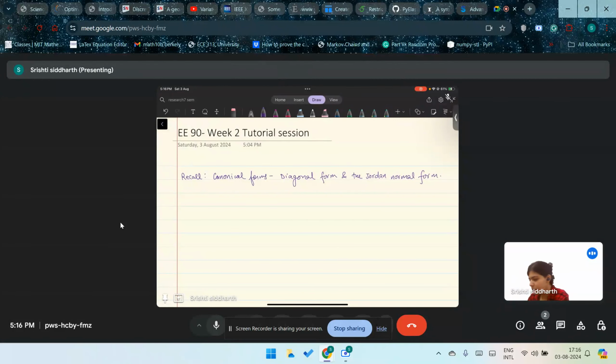To compute these two canonical forms, we relied upon the partial fraction expansion. Then we also looked at some questions on the other two forms, the controllable canonical form and the observable canonical form. Let's first start with a quick review of the partial fraction expansion.